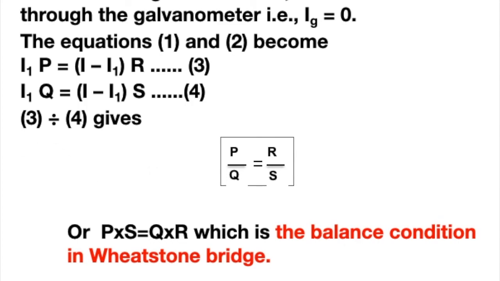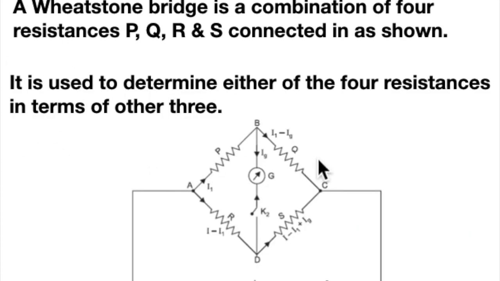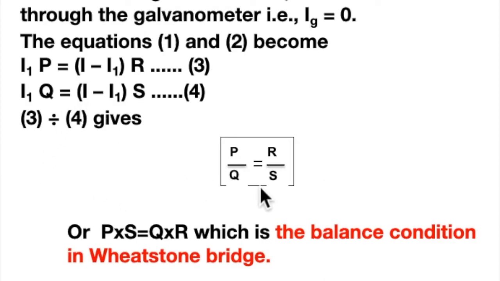You can see the diagram, P over Q equal to R over S. That is, the ratio of resistances in the arms is equal, or you can cross multiply, the products of resistances in opposite arms of the bridge are equal.